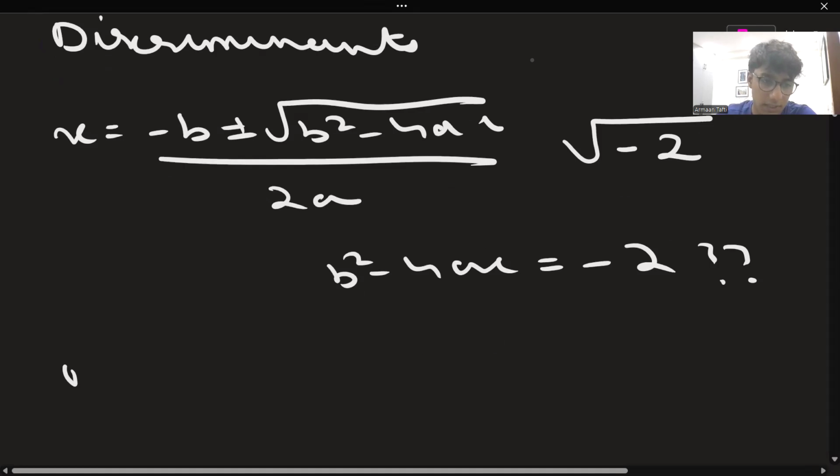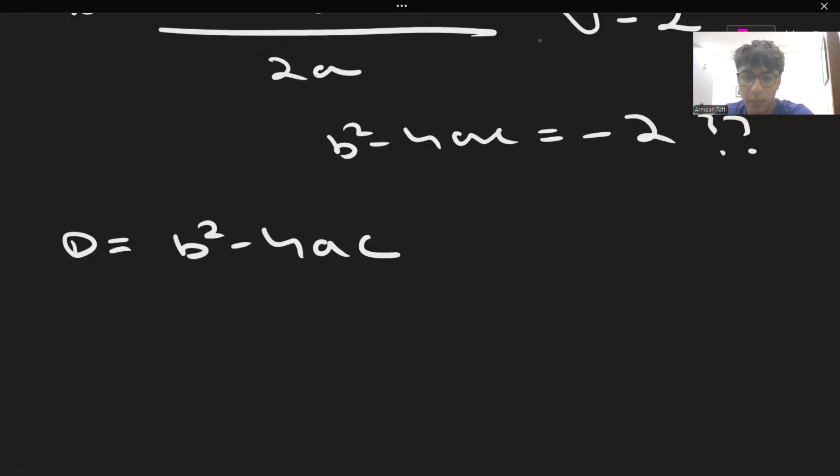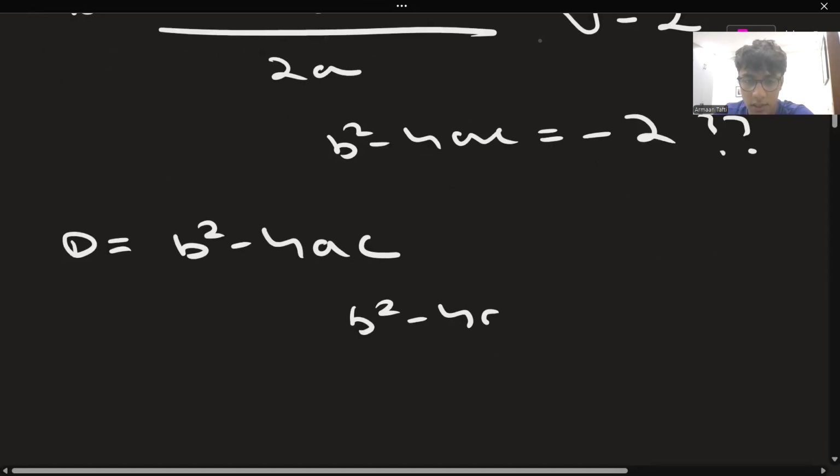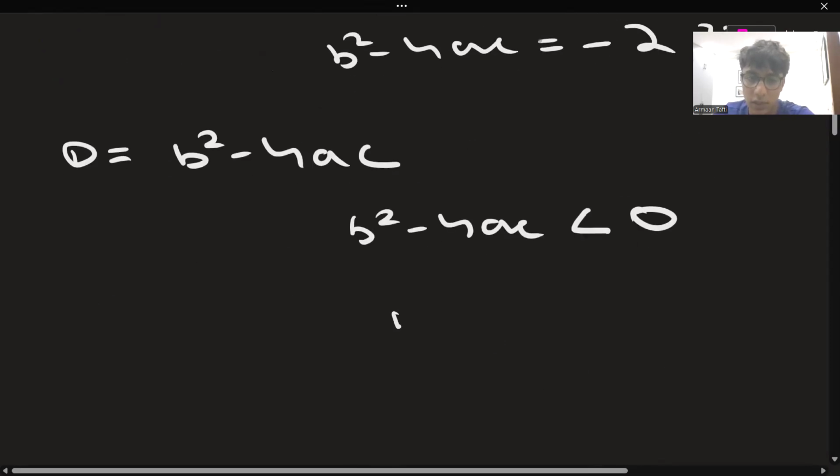So the discriminant is equal to b square minus 4ac. And what does it tell us? If b square minus 4ac is less than 0, then our equation has no real roots. For example, let's say b square minus 4ac equals minus 3.